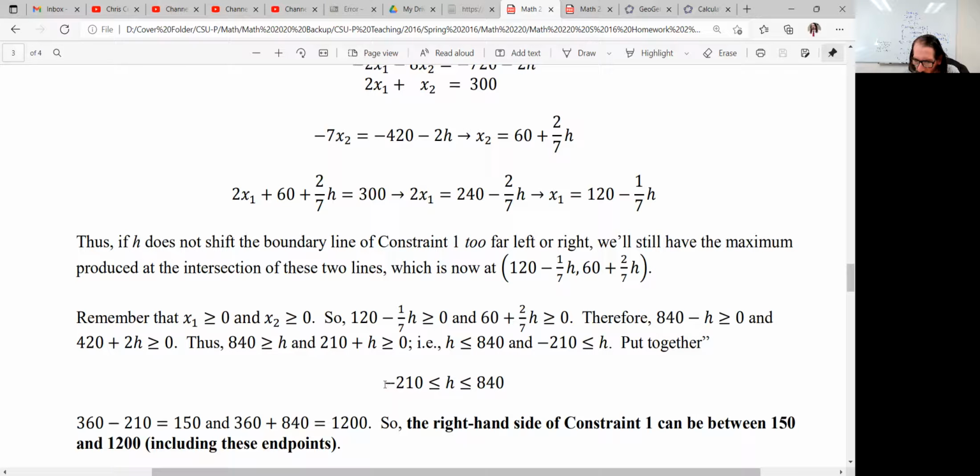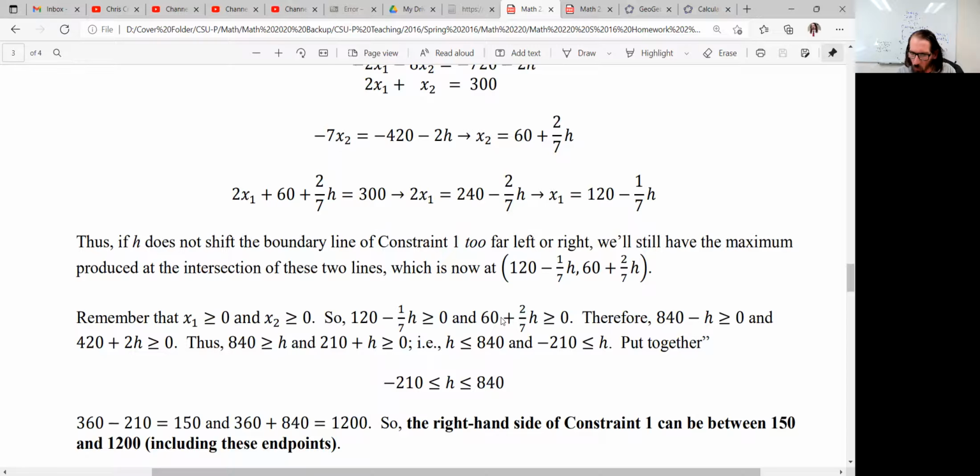Looking at the smaller and the larger, instead of saying H greater than or equal to negative 210, put it as negative 210 less than or equal to H. When you put it all together, then we have negative 210 less than or equal to H less than or equal to 840.